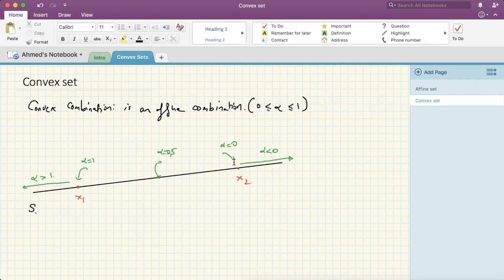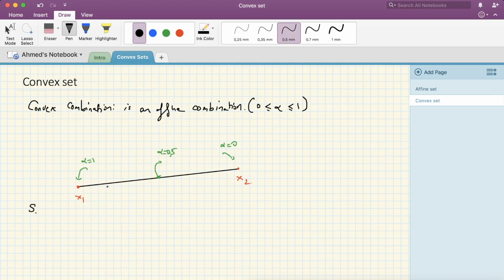Here, a convex combination looks something like this. We shrink the line, so it's a line segment, if you will. It's no longer an infinite line. It's bounded between x1 and x2, which are also known as the endpoints. Therefore, a convex combination is all x's of the form αx1 + (1 − α)x2, where α is no longer in all of R, it's only between 0 and 1.